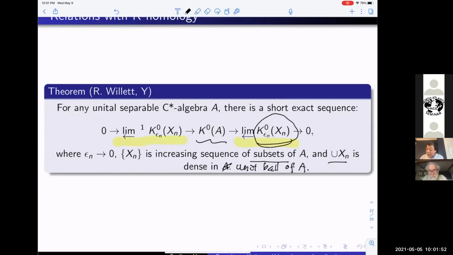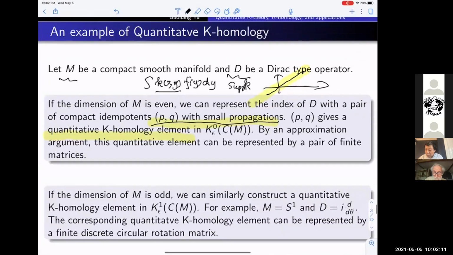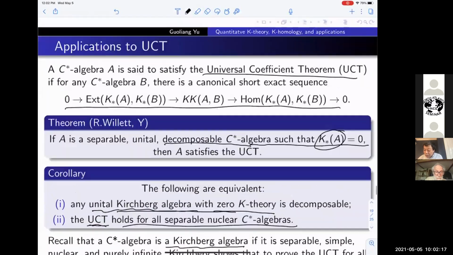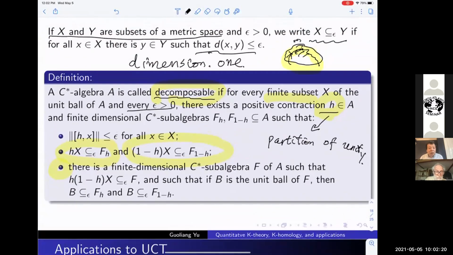So this is a result saying that the global K-homology can be recovered from the local quantitative K-homology. Now, how would we prove the UCT using this? Essentially, this condition, the existence of such a partition of unity, allows us to establish a Mayer-Vietoris sequence for quantitative K-homology.